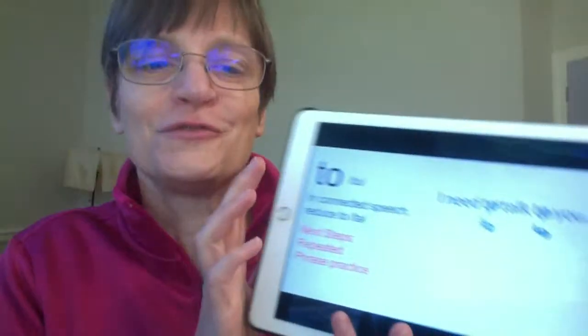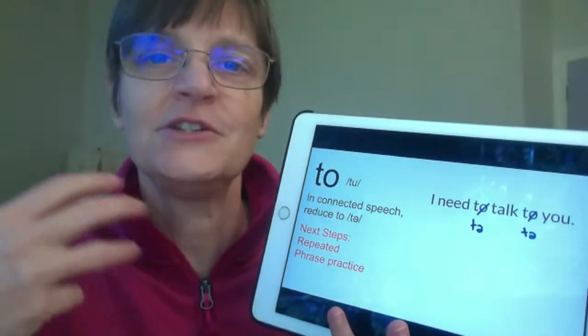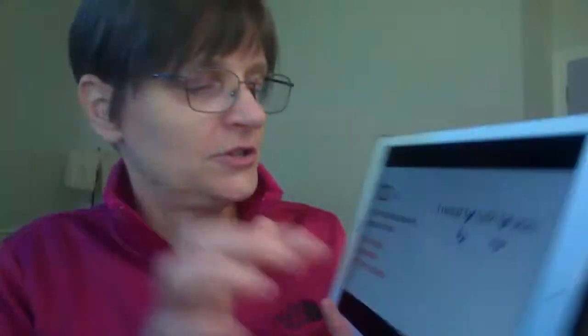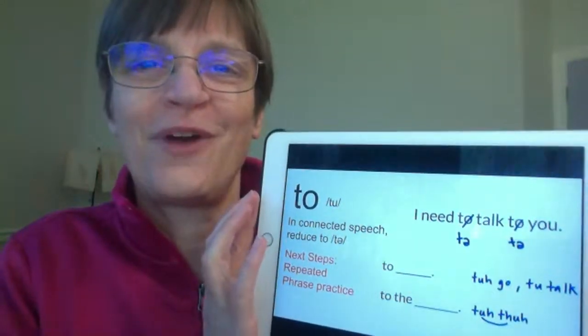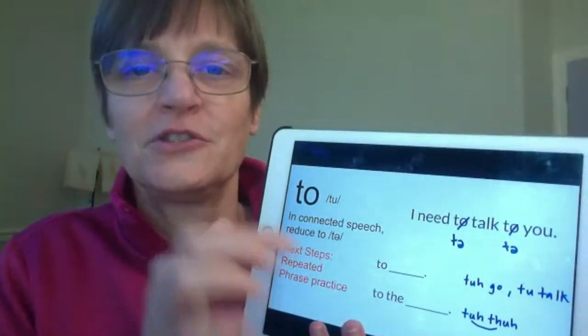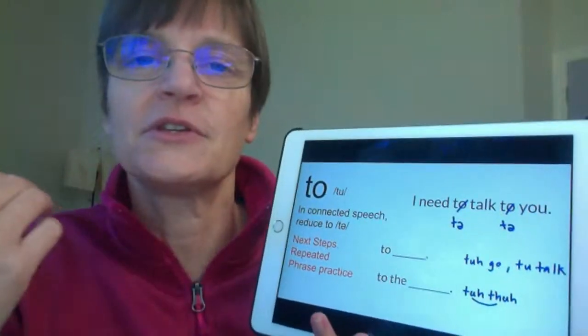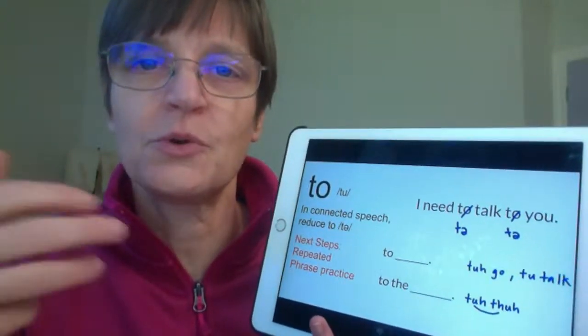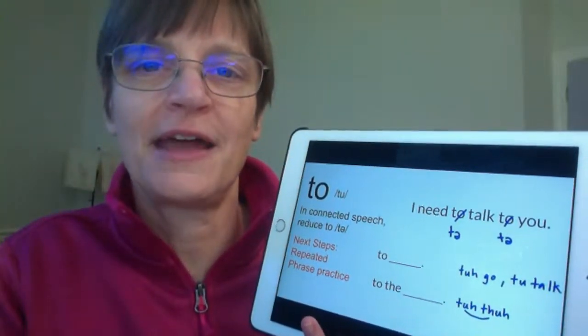You can use repeated phrase practice to help you with this as well, just like I just did, using I need to, I want to, and changing your to a ta. You can also try practicing with just verbs, to talk, to listen, to go, or with phrases to the store, to the library, to the meeting, to really begin to incorporate that habit.